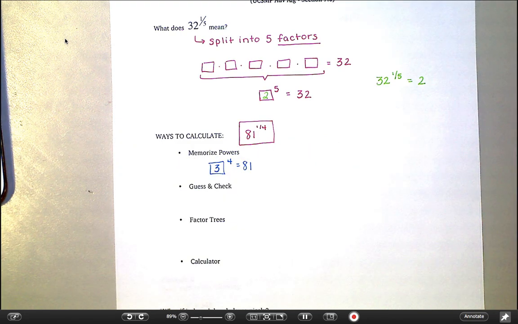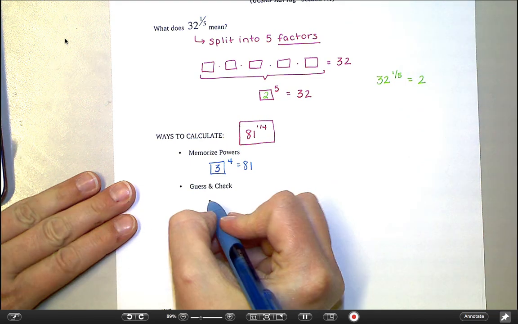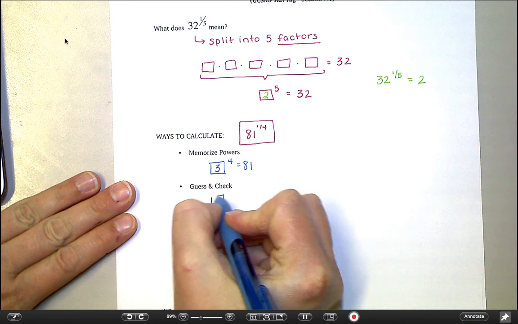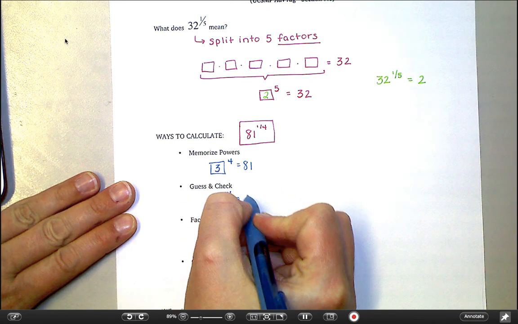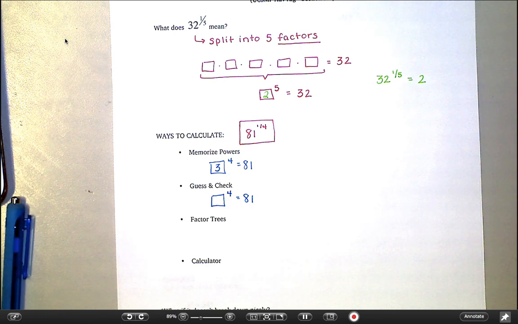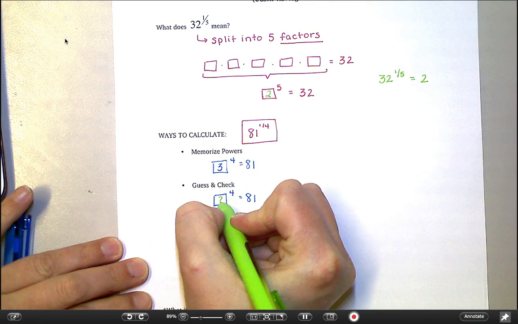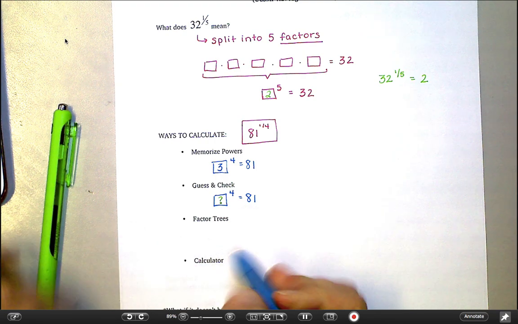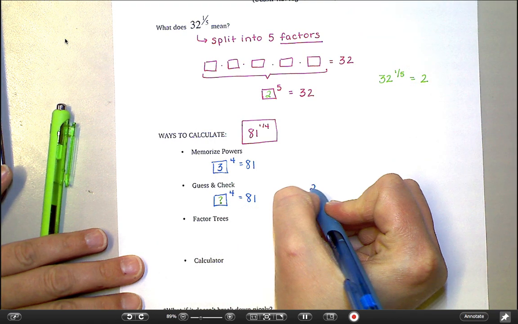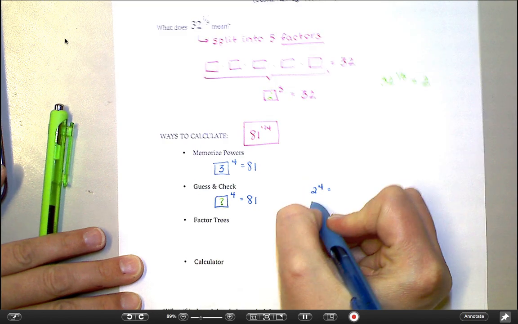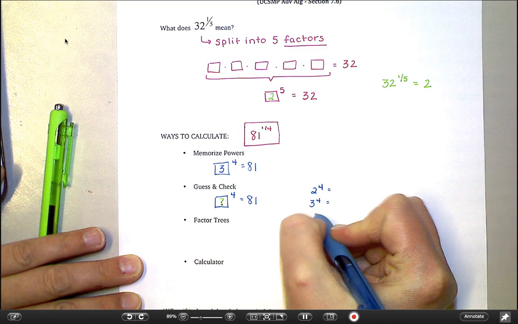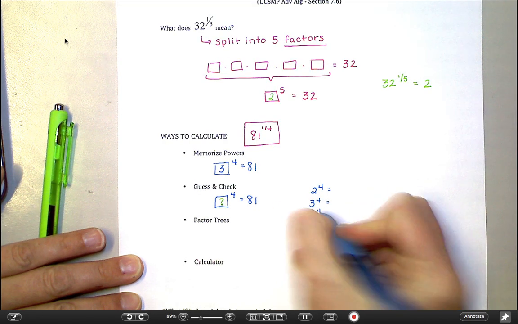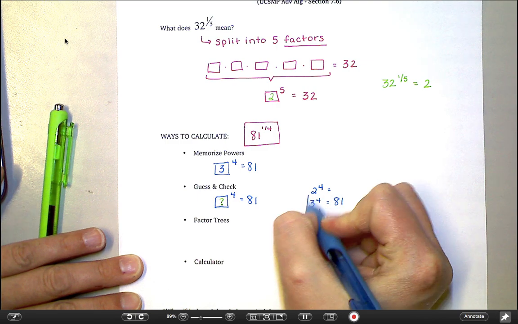If you weren't sure about that, you could do a little bit of guess and check. You could say to yourself, I know this is the setup, something to the 4th power equals 81, but this time maybe we don't know what goes here. Especially if you have a calculator in front of you, you could start raising numbers to the power of 4. You could go 2 to the 4th power, 3 to the 4th power, 4 to the 4th power, until you find the one that does equal 81.